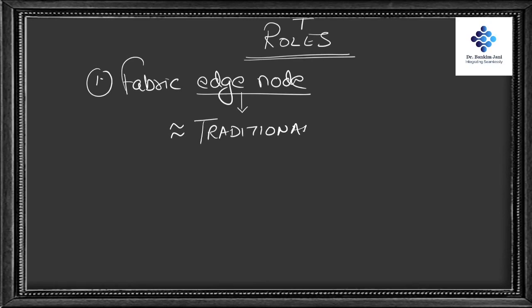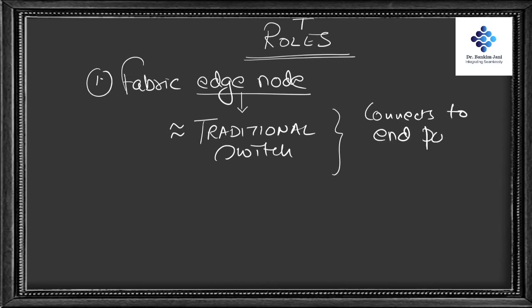And what is this traditional switch doing? It connects to endpoint devices, right? So if you say that yes, this switch is compatible, is it compatible for fabric edge node also?